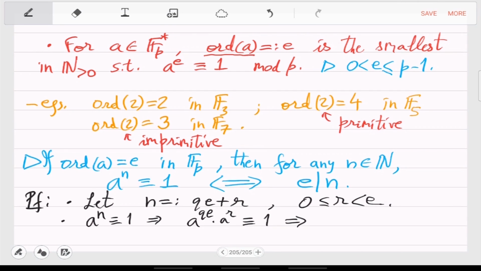Well, a raised to qe is 1, so a raised to r is 1, which implies what? Now remember that e was the least by definition, but now you are getting a raised to r equal to 1 where r is smaller, so it means that r is 0. Right, so we have shown that e divides n.